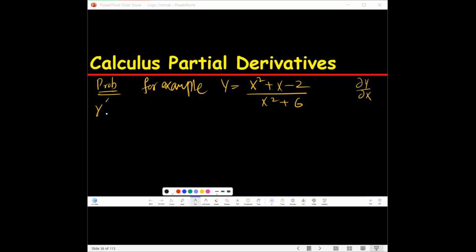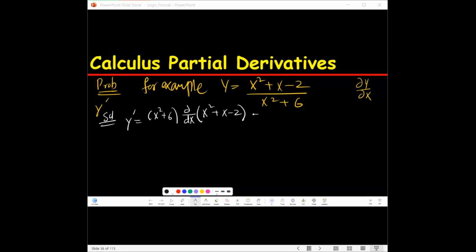And how are you going to solve this? The rule is that you write y prime equals the numerator first. And the numerator is, sorry, the denominator first. The denominator is this. And then take the derivative of the numerator function, which is this.